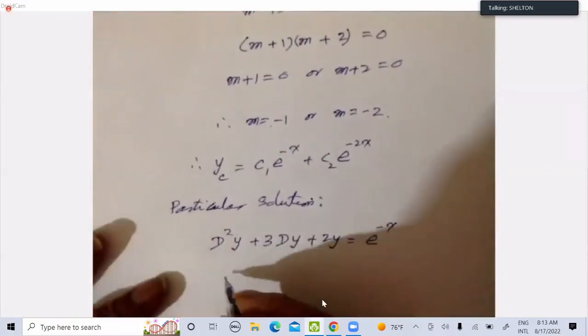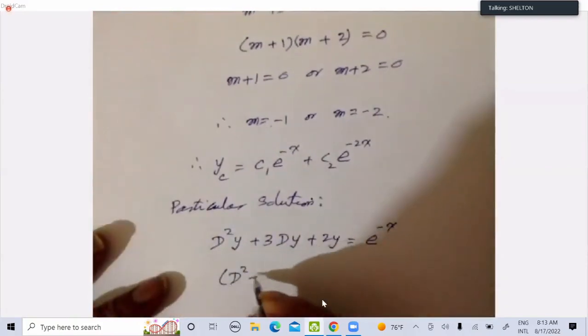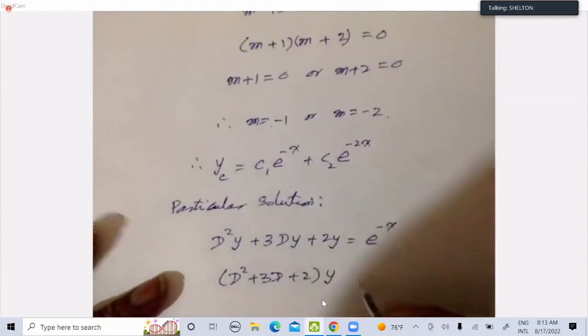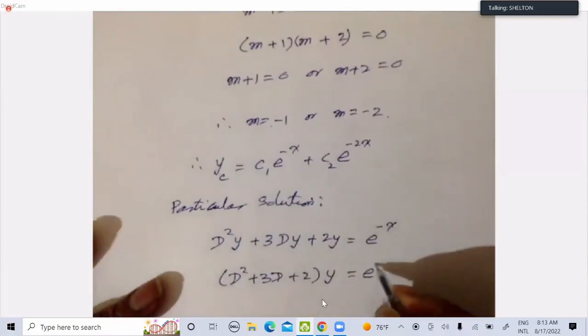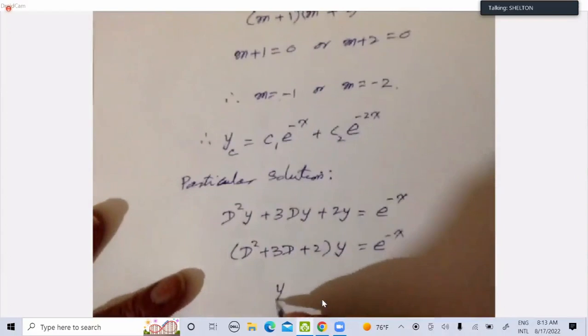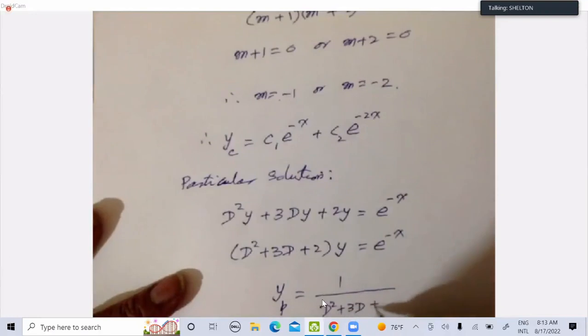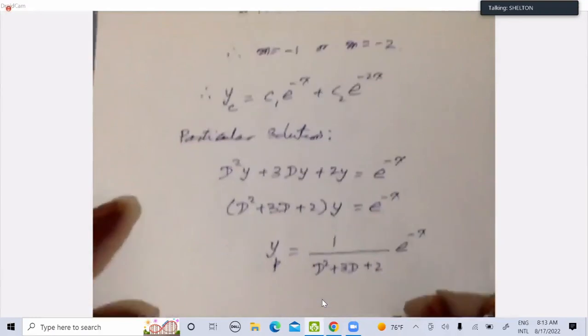Now this factors into d squared plus 3d plus 2, y equal to e to the minus x. So a particular solution is yp equal to 1 over d squared plus 3d plus 2 times e to the minus x.